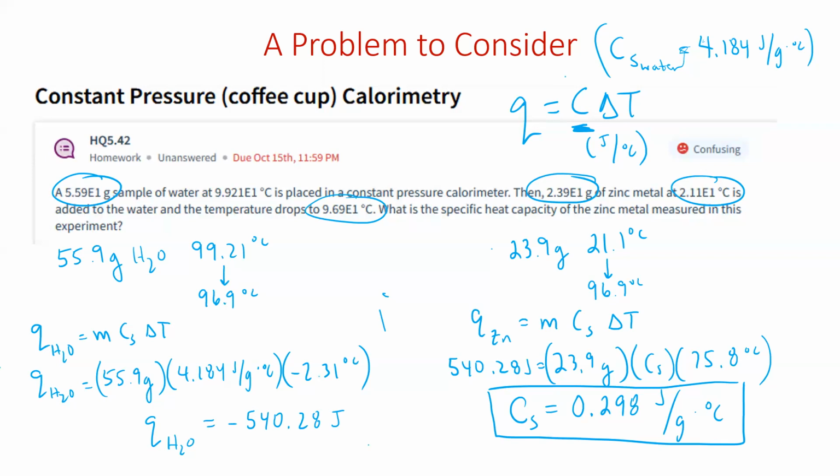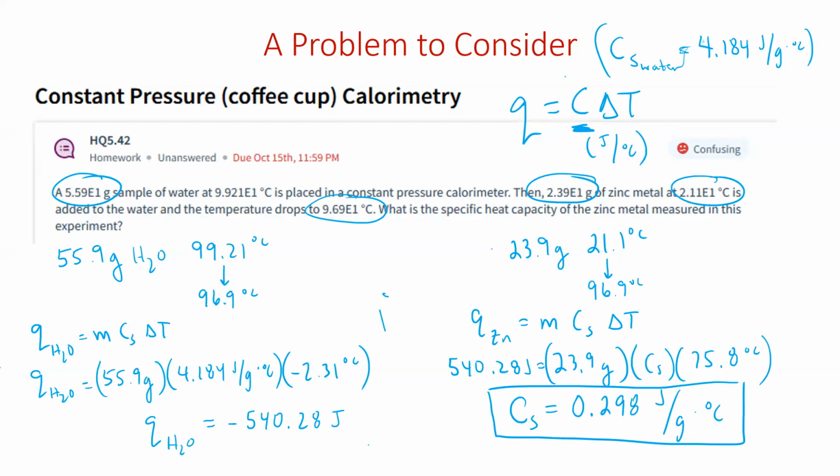If the question had asked for the Q of the zinc, I'm trying to think how we would do that. Given the information that we have, we're looking for the specific heat.